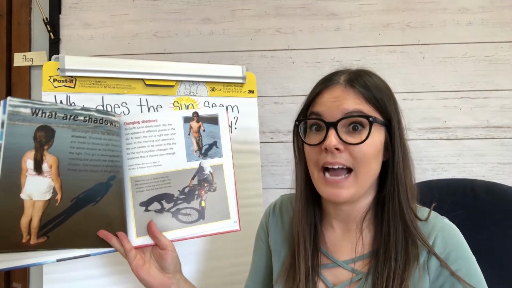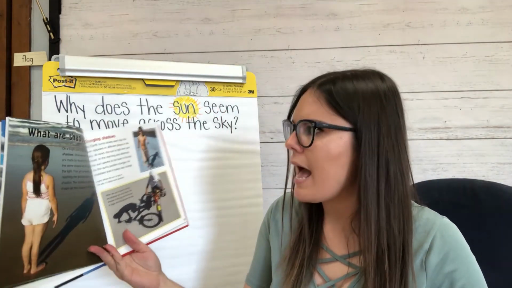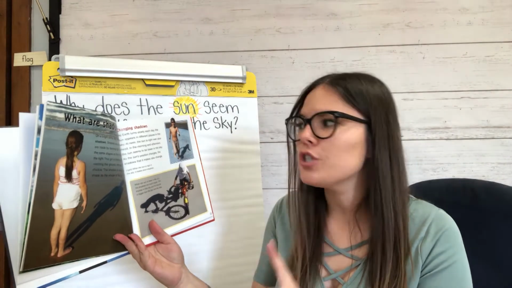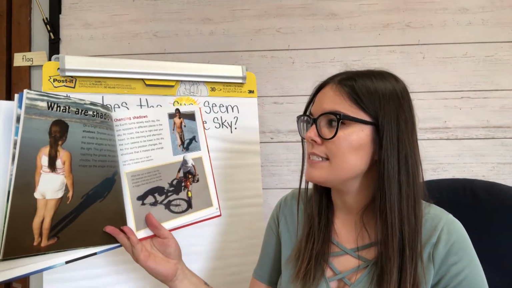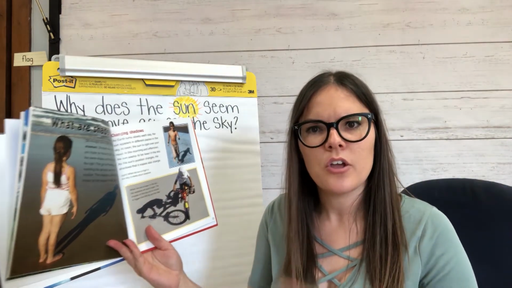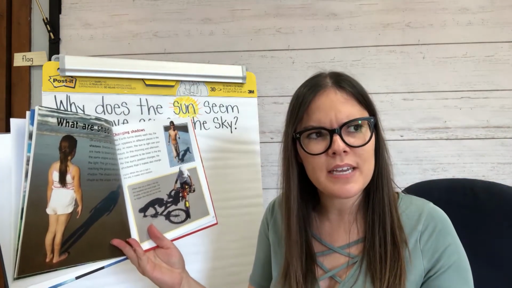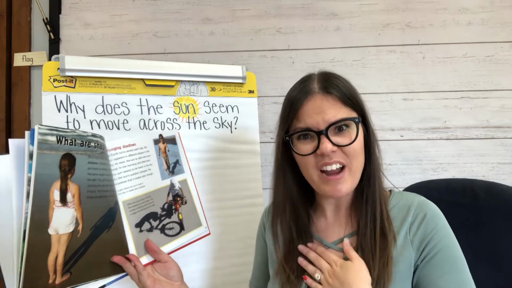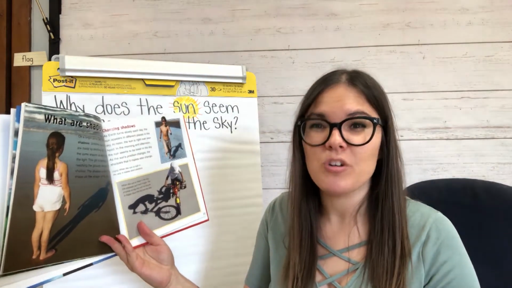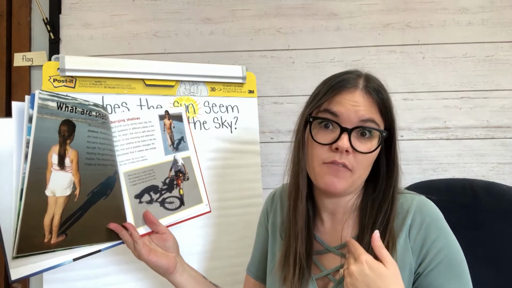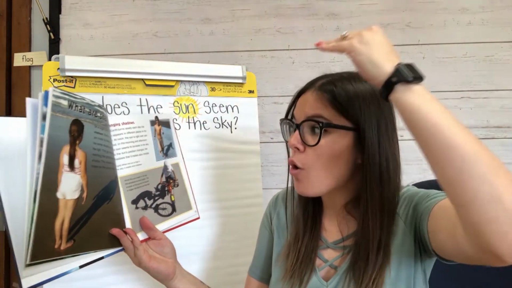Let's read that again because I thought that was so interesting. As Earth turns slowly each day, the sun appears in different places in the sky. So it's not the sun that's moving, it's the Earth? We're actually moving right now? At noon, which is kind of around lunchtime, that's when I love to eat lunch, the sun is right over our head.